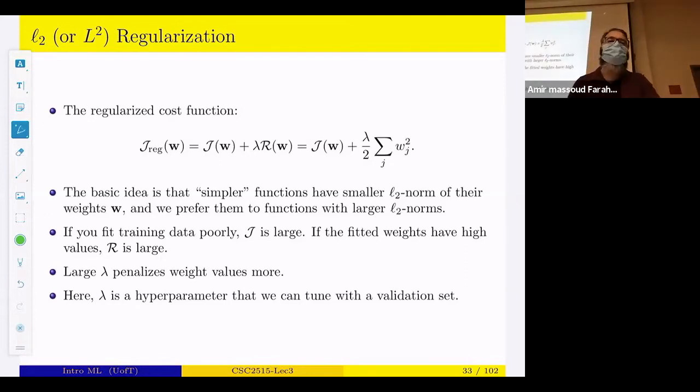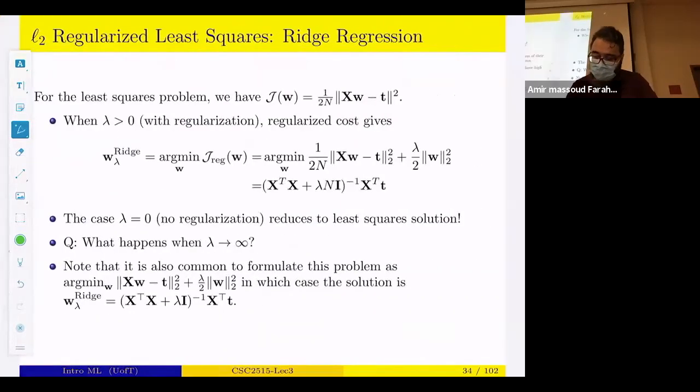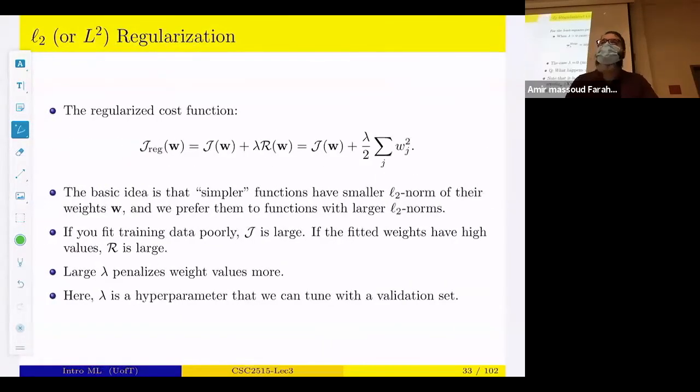So we try to study it a little bit, how it behaves. Suppose we have a fit to data, which means some specific choice of W's. But the fit, or those weights, do not fit the training data very well, which means that our cost would be large.